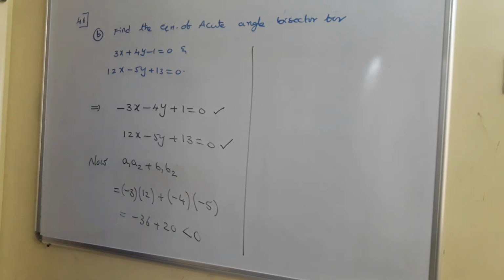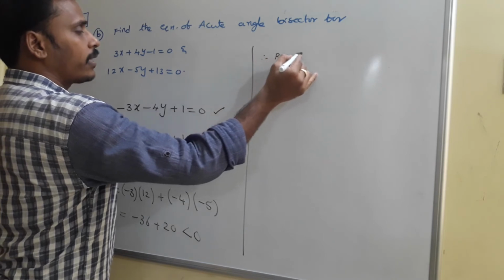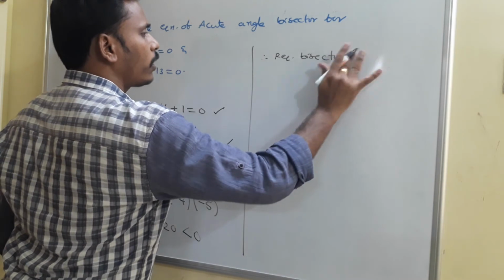So you need to find the equation of the acute angle bisector, and for that you need to use the plus sign. Therefore the required bisector is with the plus sign.